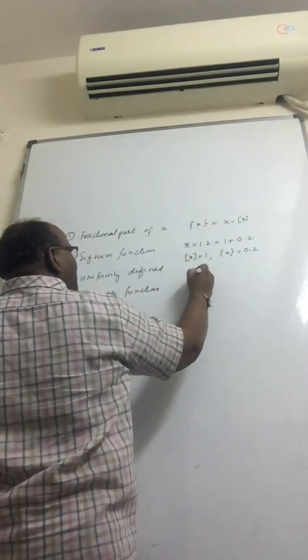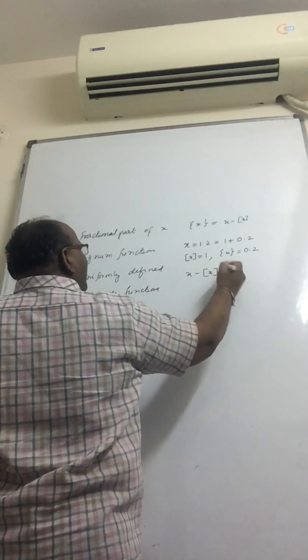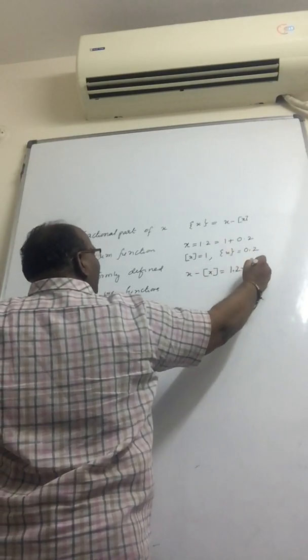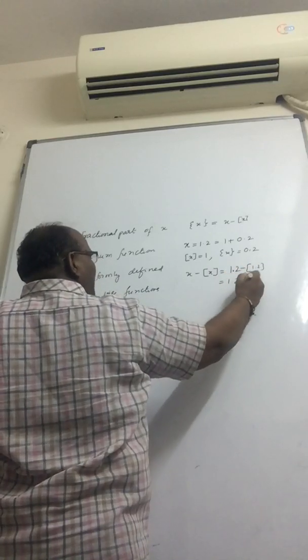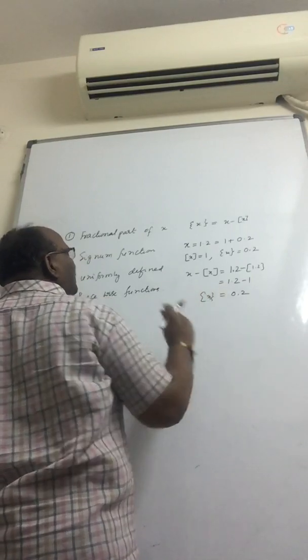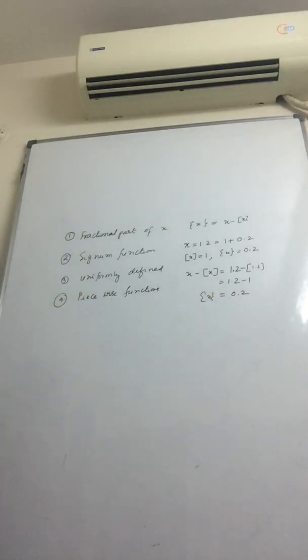So even if you write x minus integral part of x, here x is 1.2, integral part of 1.2 is only 1, so you get 0.2. So this is what fractional part is. For a given number, we have an integral part as well as a decimal part. If it is purely an integer, decimal part is 0, fractional part is 0. Here, for this number 1.2, fractional part is 0.2.